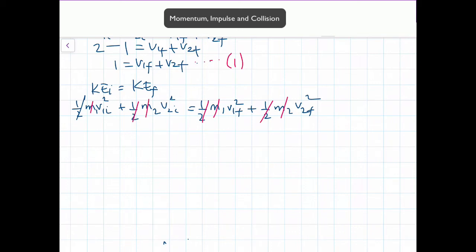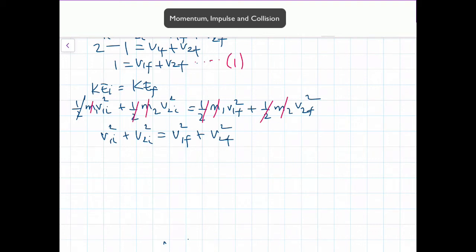Here I'm left with v1 initial squared plus v2 initial squared equals v1 final squared plus v2 final squared.